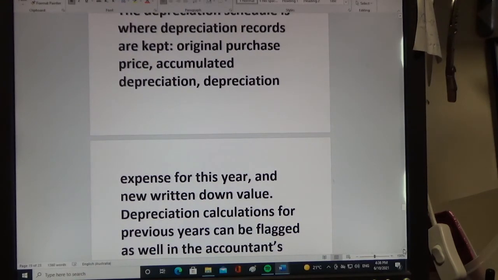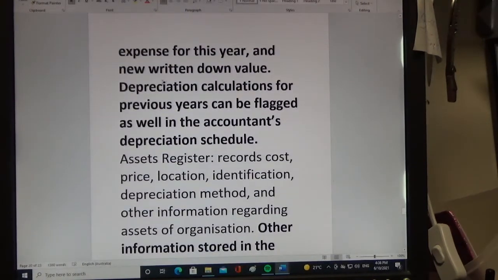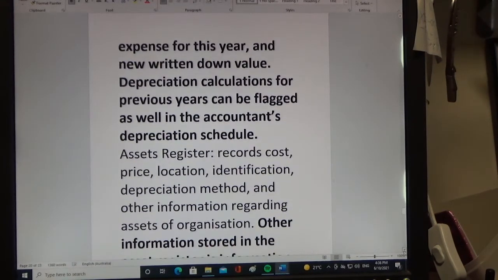I was getting to the asset register, where the accountant can flag a depreciation expense in any given year if he or she needs to look it up.